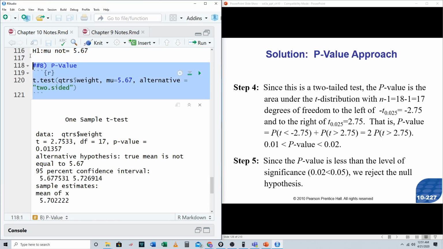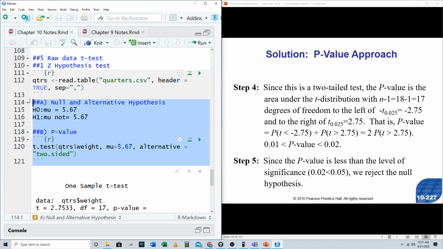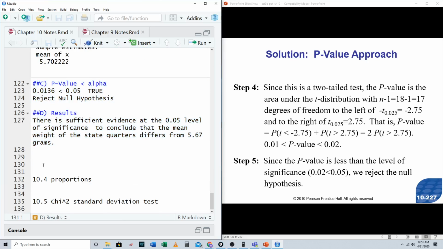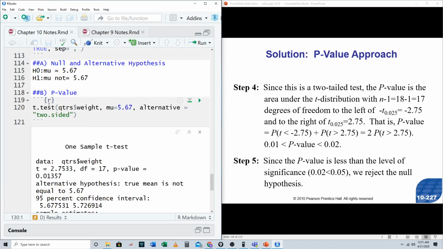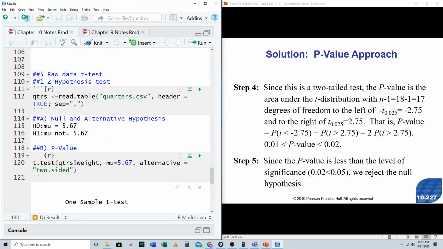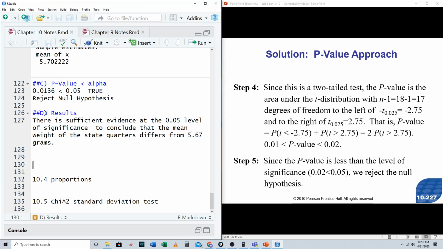Everything should be the same. So this is number 6, t-test confidence.